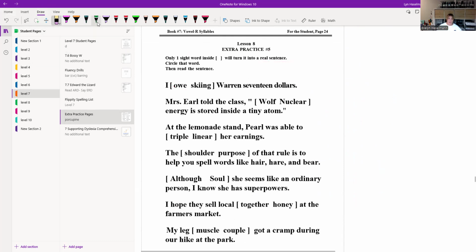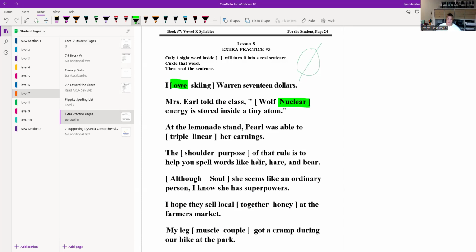And then again, we're up to one in the book where your student may not have gotten to the sight words yet. Like I taught this lesson today, my student did not get to the sight words. So I will make a note of that when I send a note home. Okay. So, but read, what do we have? Only one sight word will turn into a real sentence. So I owe Warren $17. Mrs. Earl told the class.